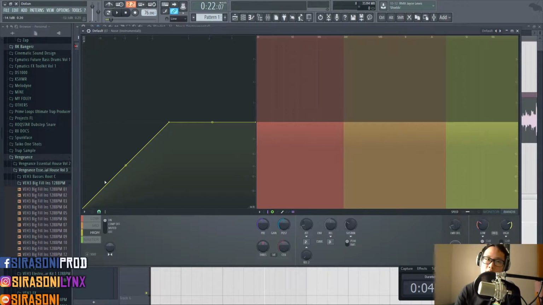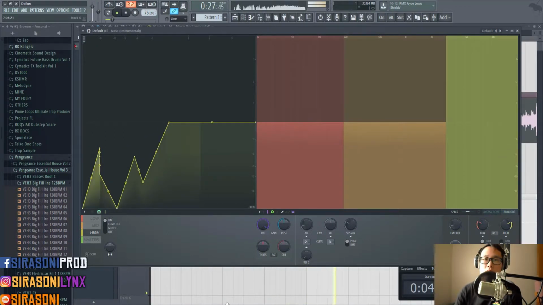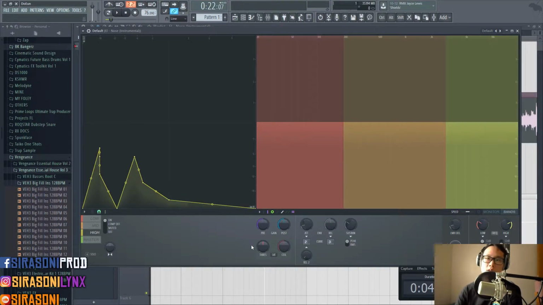A lot of beginners change something, and they're like, why doesn't it get any louder? You gotta put up the post-gain for it to go louder. Get what I'm saying?